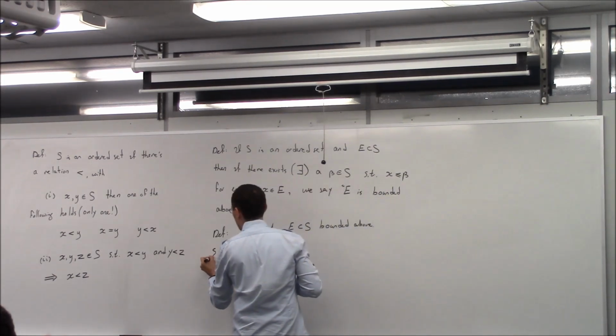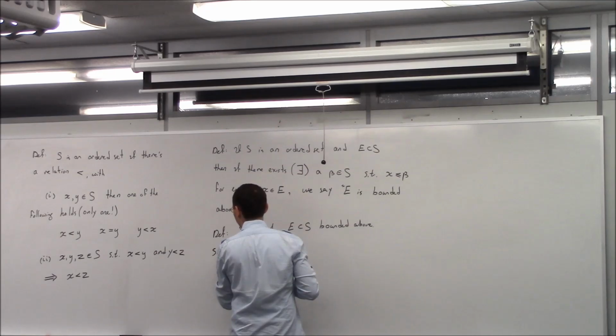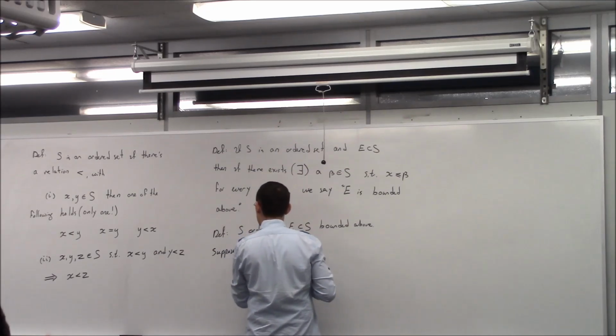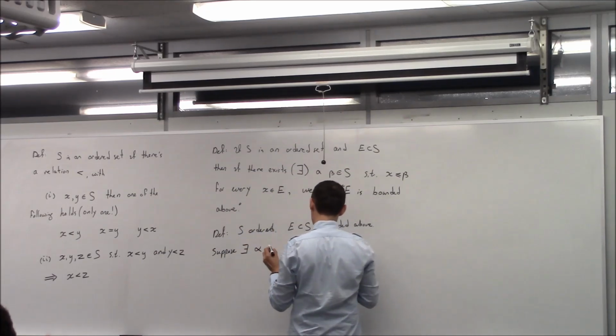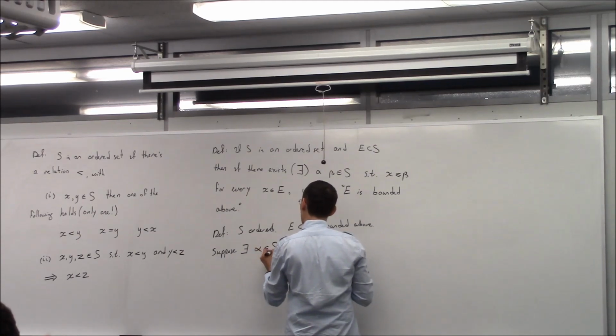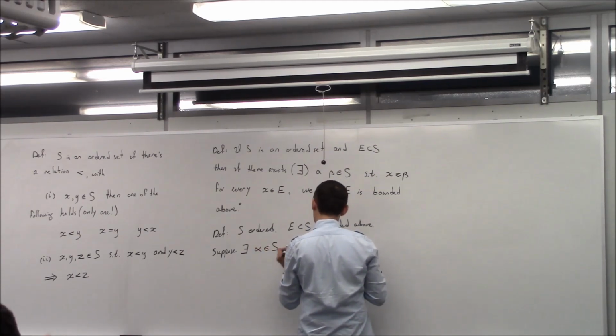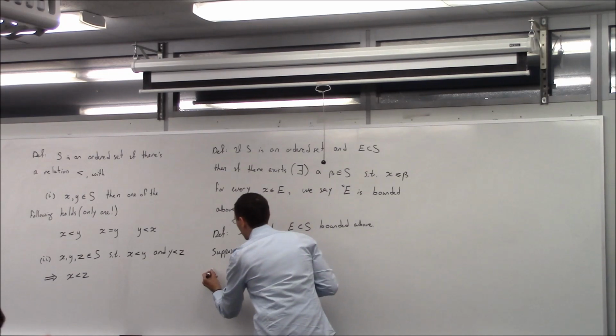So suppose there exists alpha, and alpha has to belong to S, such that the following conditions are true.